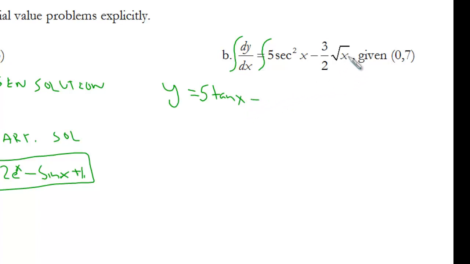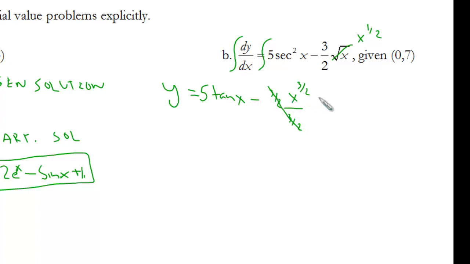So we're going to change this maybe to x to the 1/2. And when we integrate x to the 1/2, we end up getting x to the 3/2 divided by 3/2. And we have a 3/2 there, so that's just going to cancel. Or you could think of it as dividing by 3/2 is the same as multiplying by 2/3. So that's going to cancel out.